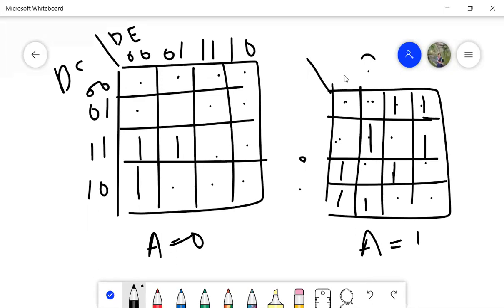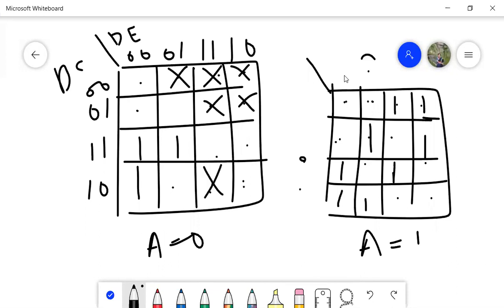Next go to don't care, 0, 1. So don't care of 1, I can write X also, I told. Then 2, 3, 6, 7, 11.